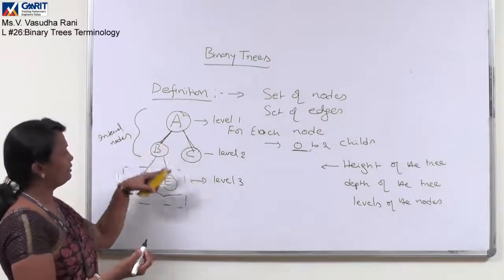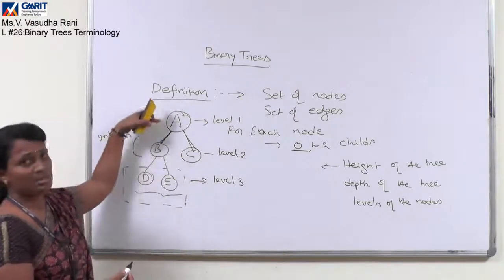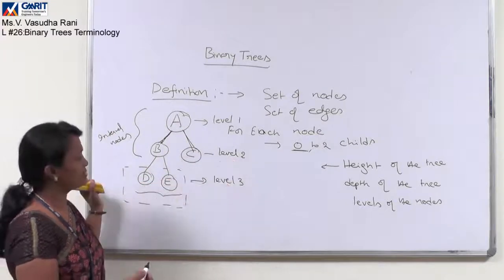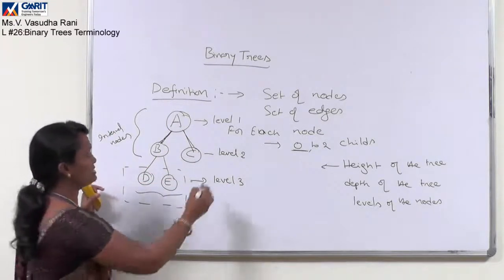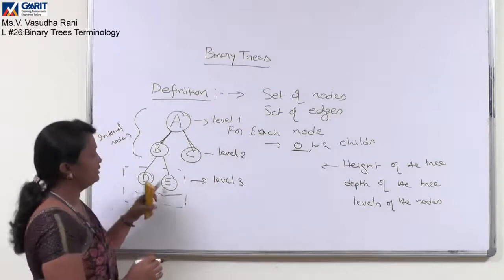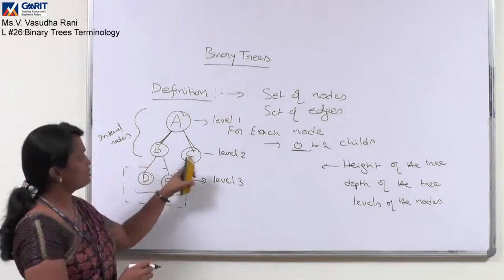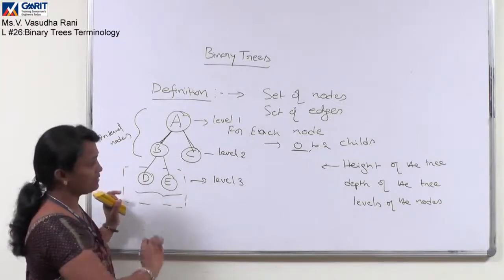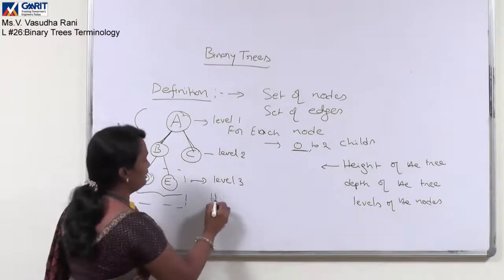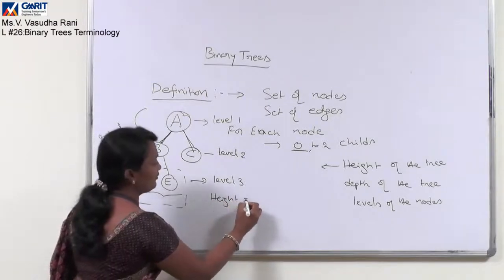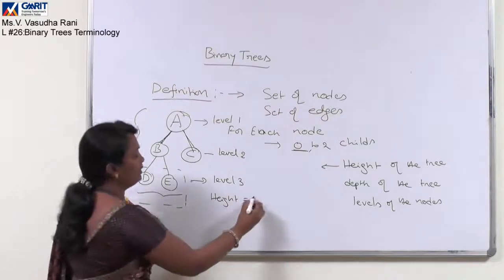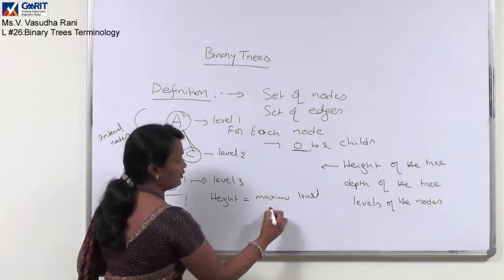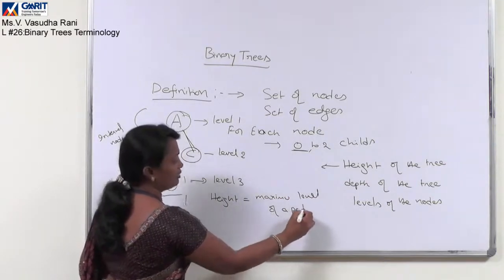Like this, for this particular binary tree, the root node starts with level 1, the next level is level 2, and the next level is level 3. Once these levels are defined for the different nodes, these nodes are at level 2 and D, E nodes are at level 3. Once levels are defined, then we can define height. Height is the maximum level of a particular node.